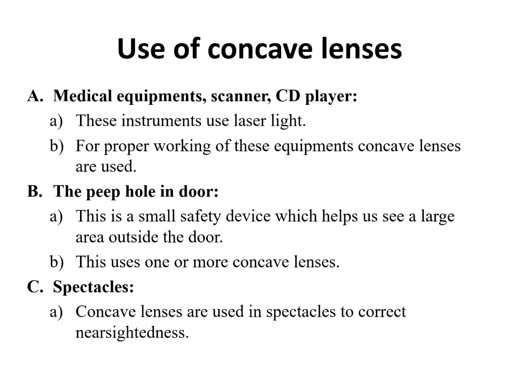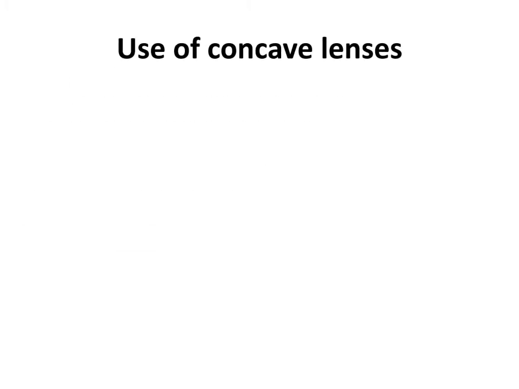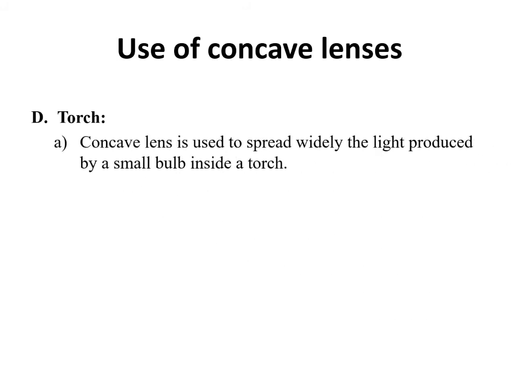Now the third is spectacles. Concave lenses are used in spectacles to correct nearsightedness, as we have seen in the correction. Next is the torch. In the torch, the concave lens is used to spread widely the light produced by the small bulb inside the torch.